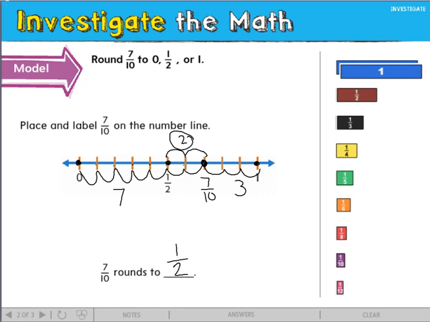Now, here's the other way you can figure it out with some tiles. You can take 1 and 1/2.